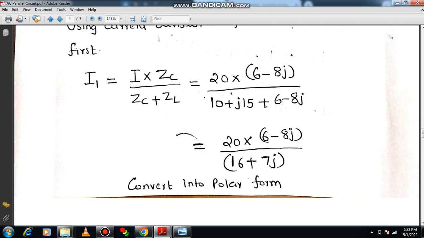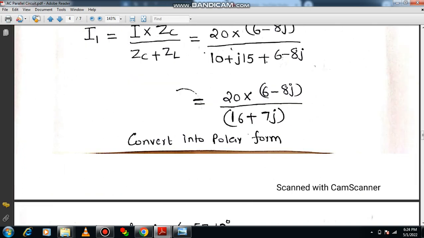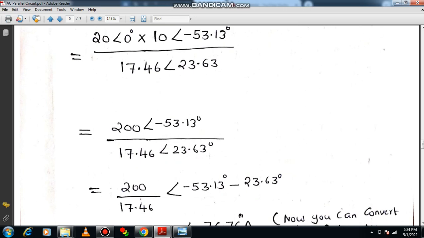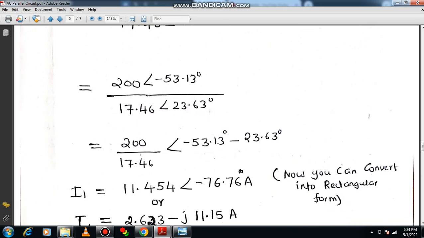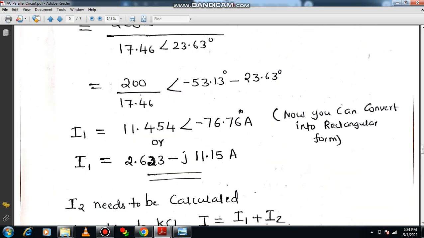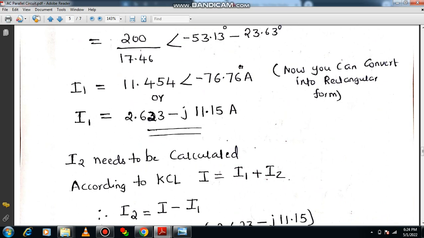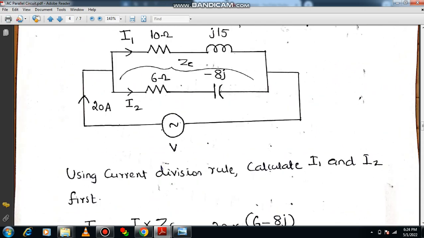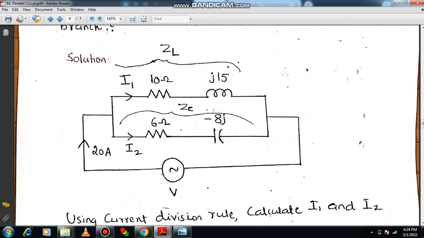For the easiness, I applied KCL: I is equal to I1 plus I2, therefore I2 is equal to I minus I1. Then you convert into both rectangular and polar form. That conversion you have to study, so don't get confused, please refer to my previous video. Afterwards, I considered only the resistive element for the power dissipation. There are two branches: for the first branch, the power is I1 square into R, and for the second branch, the total power consumed is I2 square into R, correct? All right.